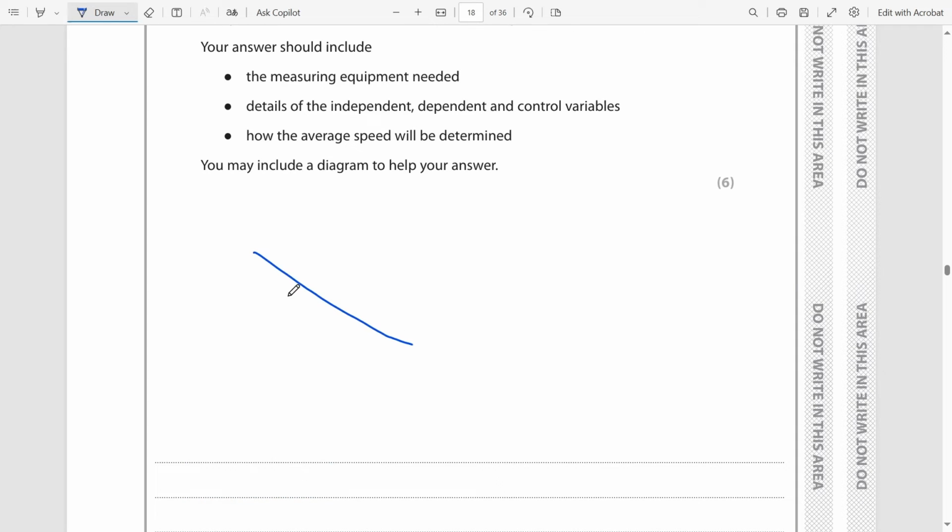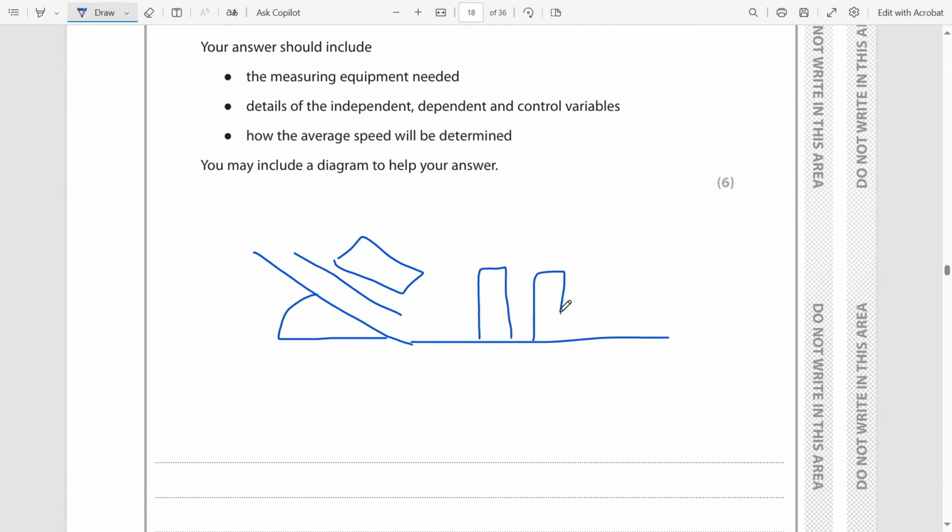So guys, I gotta draw one for you so it makes more sense. This is a ramp, guys. Just saying. We can use a protractor. This is supposed to be the material. This is supposed to be the block. This is supposed to be the light gates. These are supposed to be connected to a computer. There's supposed to be only 2 light gates.